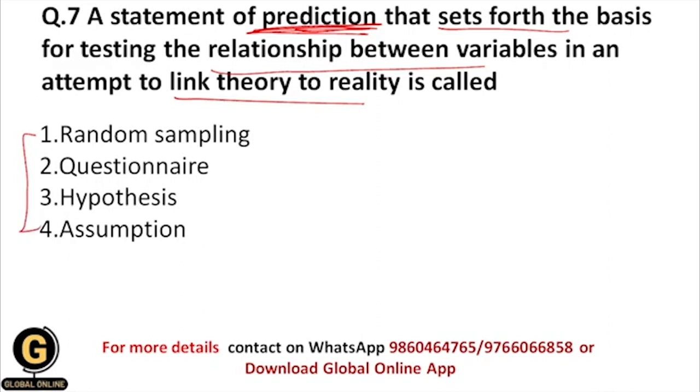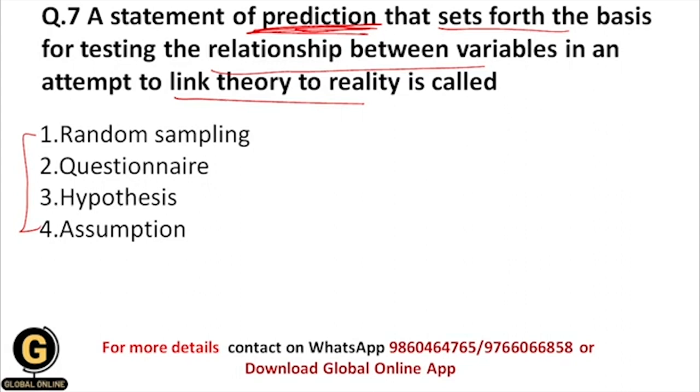This statement of prediction gives us a basic idea for testing the relationship between the variables, and we are going to test it because we need to understand the relationship of theory to reality. We are going to link the theory to reality.